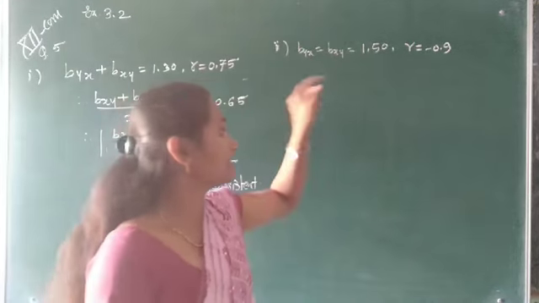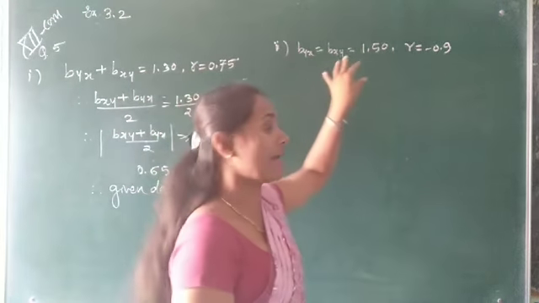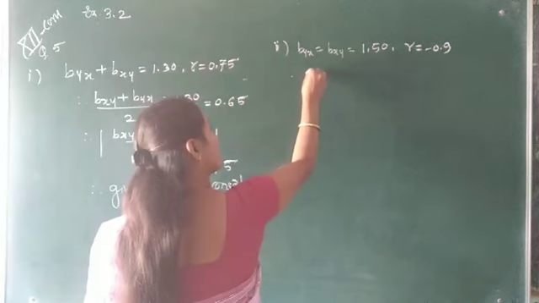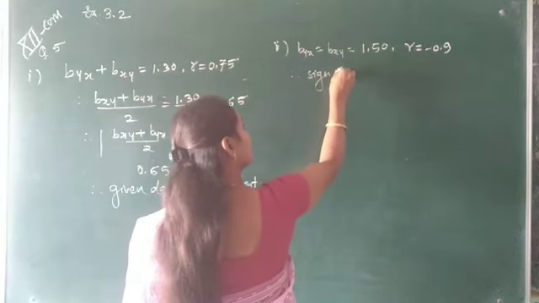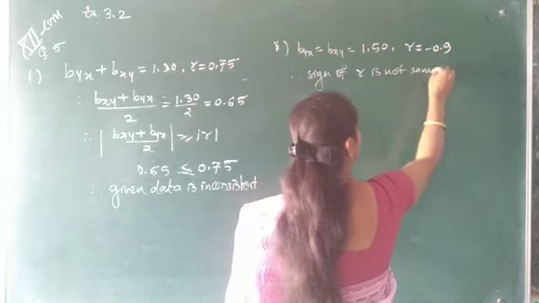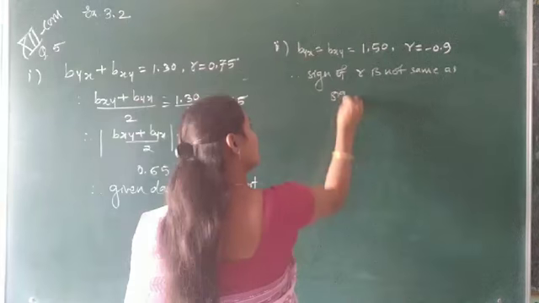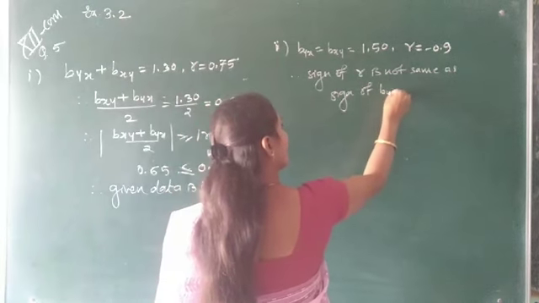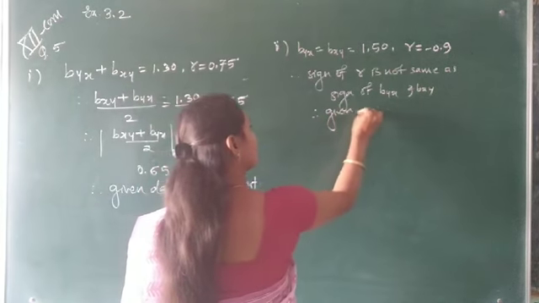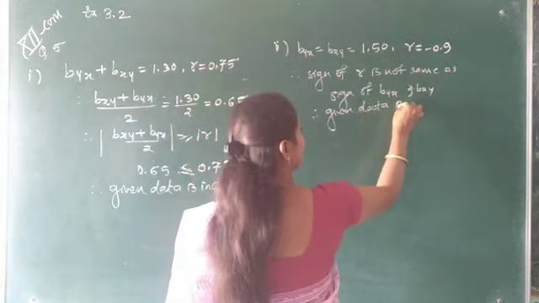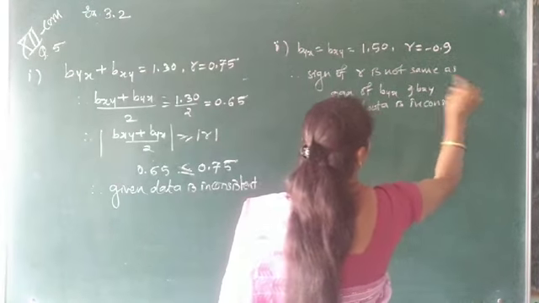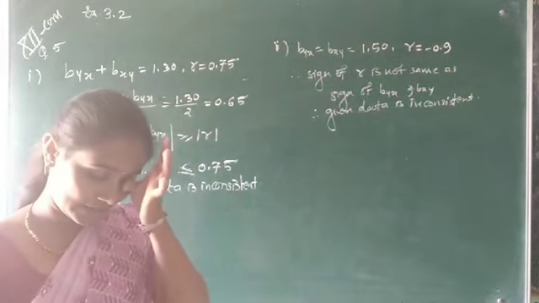The sign of r should be the same as the sign of byx and bxy, but here the sign of r is not the same as the sign of byx and bxy. Therefore the given data is inconsistent.